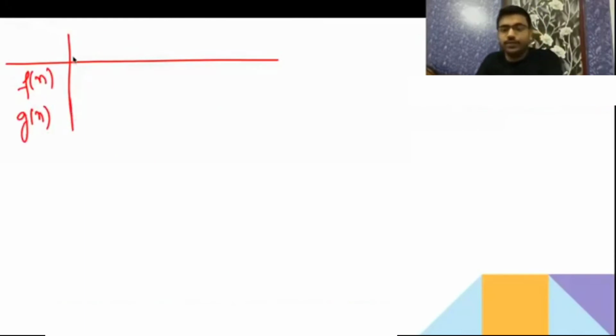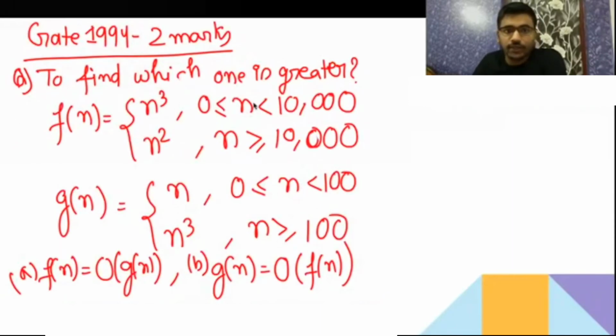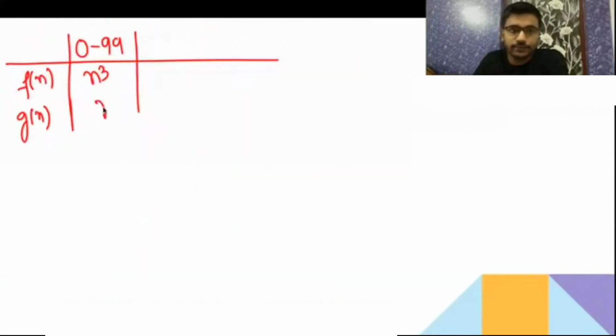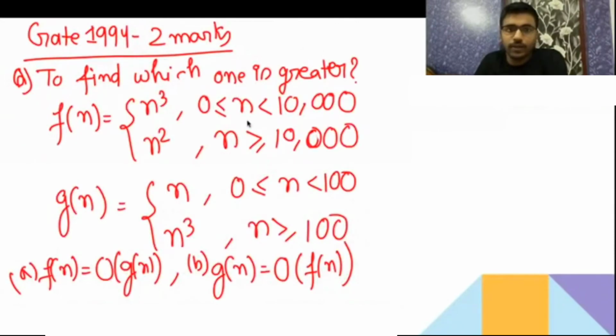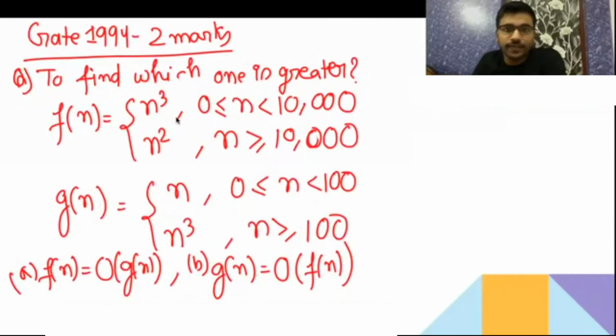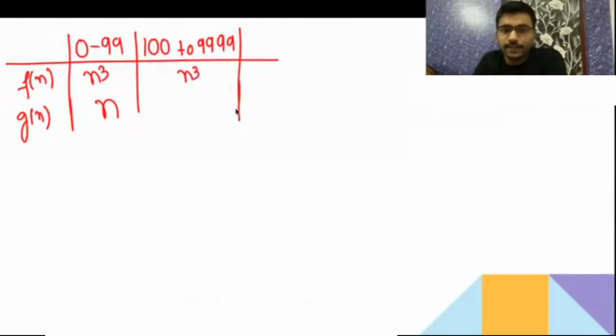When the value is from 0 to 99, Fn is n cube and Gn is n. Now from 100 to 9,999, Fn is n cube and Gn is also n cube.